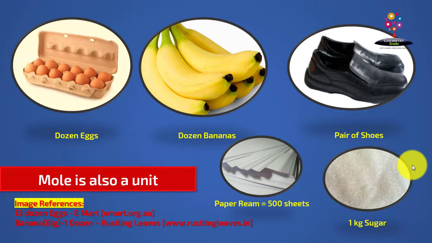For example, if you ask the shopkeeper to provide you a dozen eggs, he will provide you 12 eggs. If you ask for a dozen bananas, he will provide you 12 bananas.